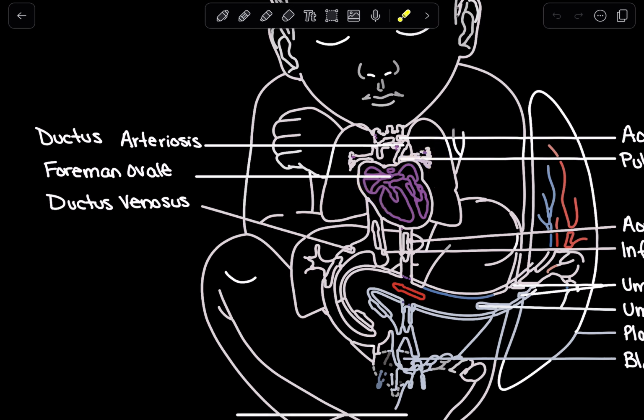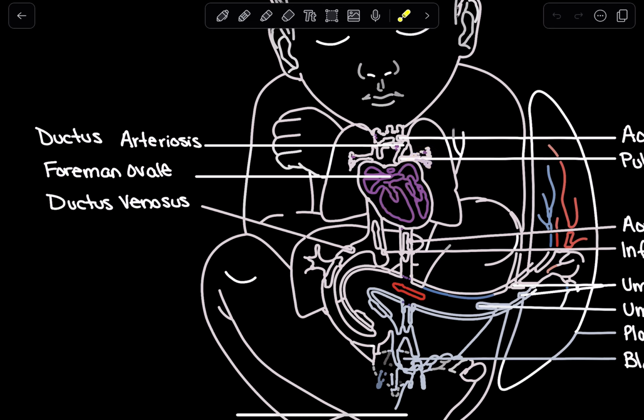But in this case, this blood has already been oxygenated by the mother, so it doesn't even need to go to the lungs, and the lungs aren't even functional yet. So there is no point in going to the right atrium and then to the pulmonary artery to the lungs.